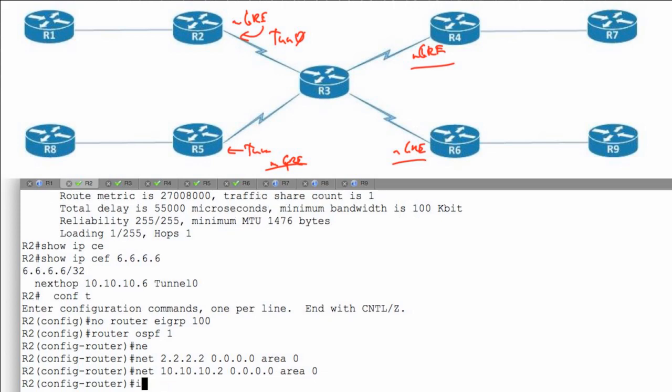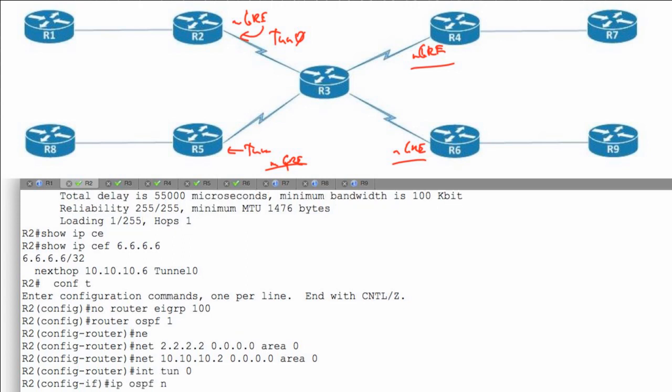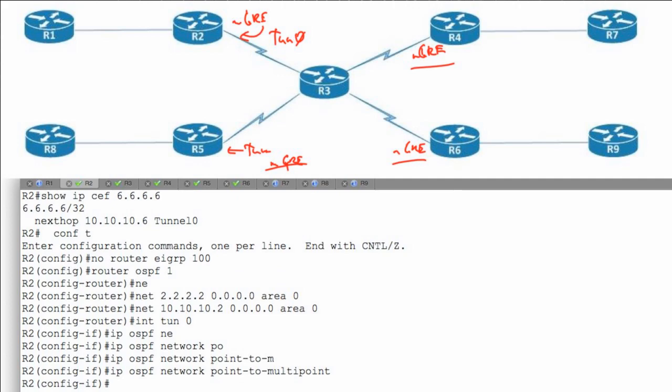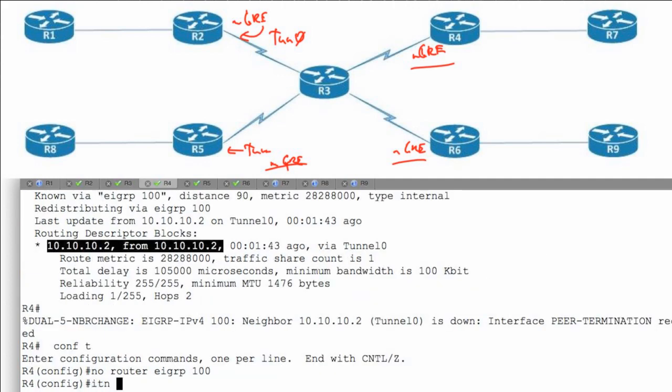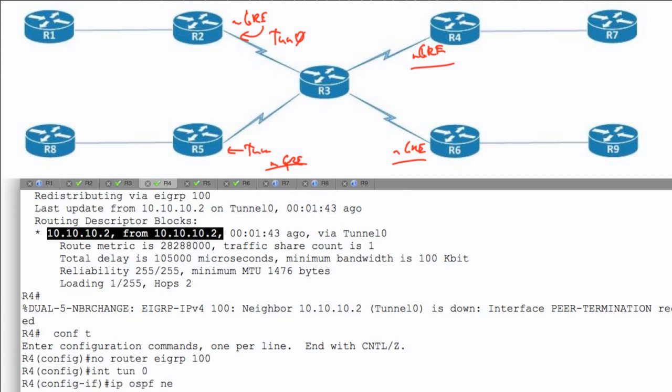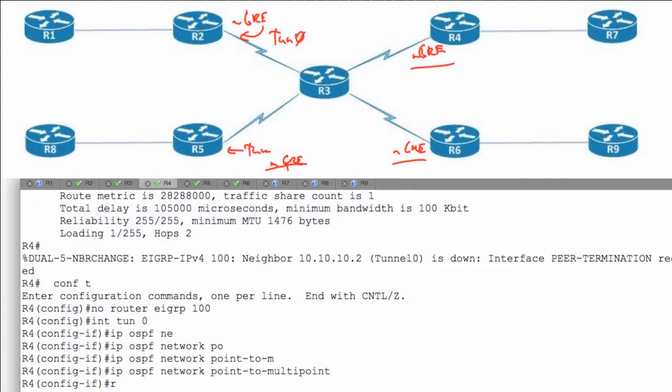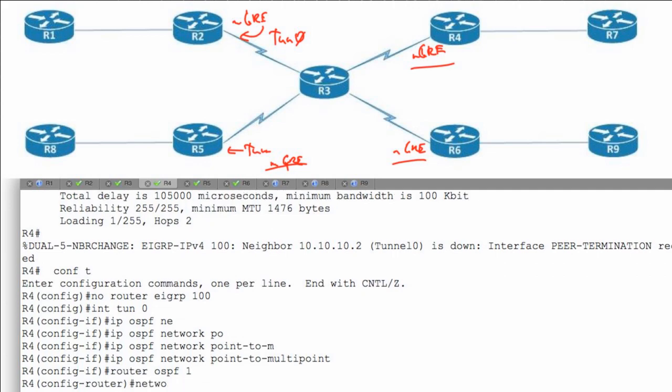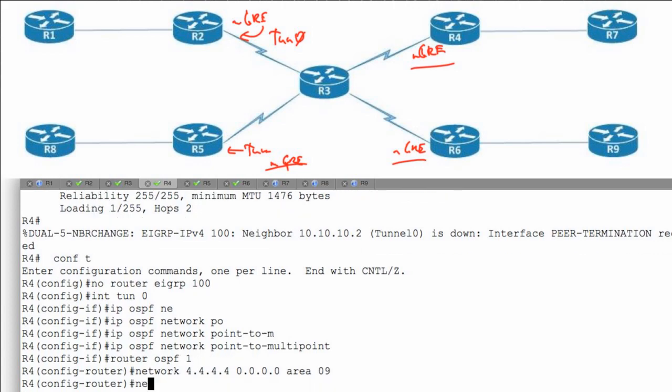Interface tunnel 0, IP OSPF network point to multipoint. That's pretty much all there is to this. So we cut over to R4, interface tunnel 0, IP OSPF network point to multipoint, router OSPF 1, network 4.4.4. We'll just advertise the loopbacks into area 0, and then we'll advertise the tunnel interfaces.